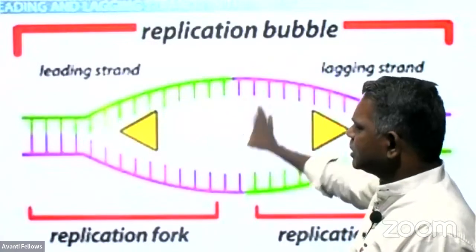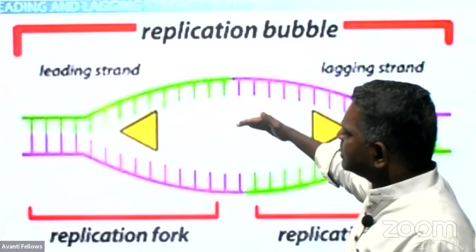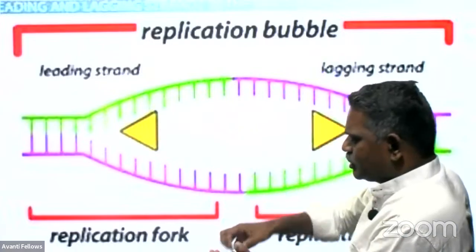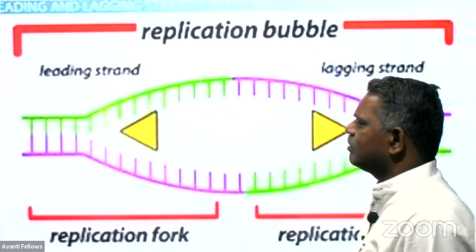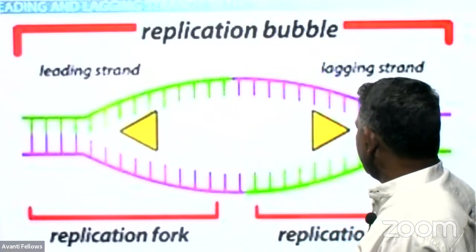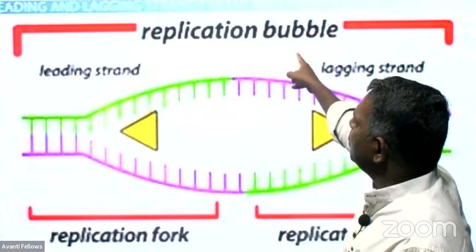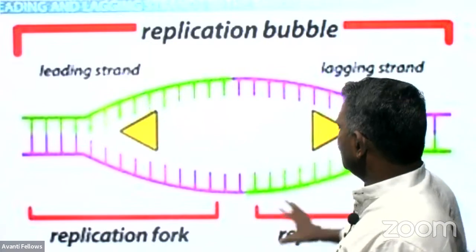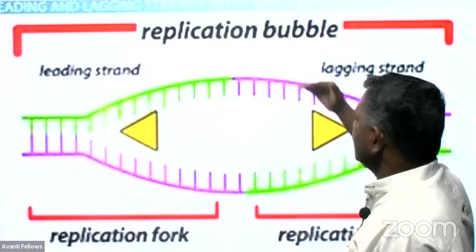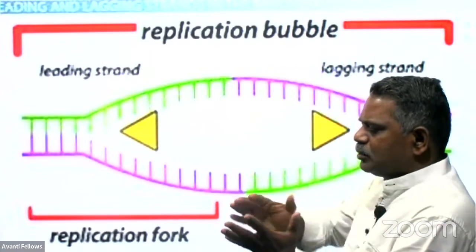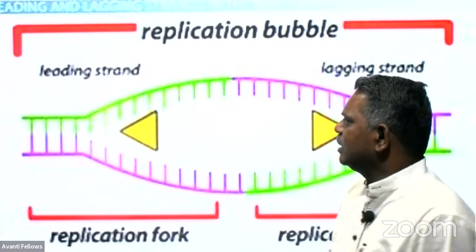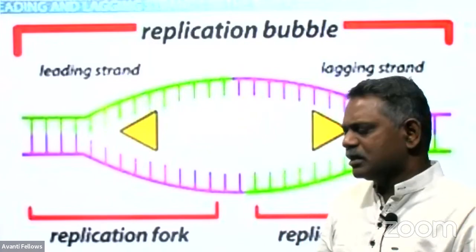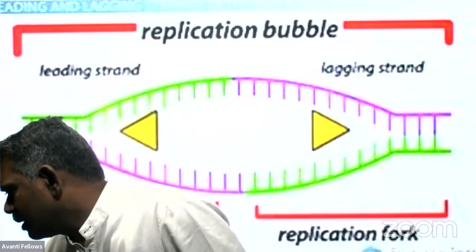And replication starts here. This helicase enzyme breaks the hydrogen bond and starts separating these two complementary strands of the DNA, and we get a bubble here called the replication bubble. I told you about the replication fork and the replication bubble. It is due to the separation of the complementary strands of the DNA after breaking this hydrogen bond only, right?